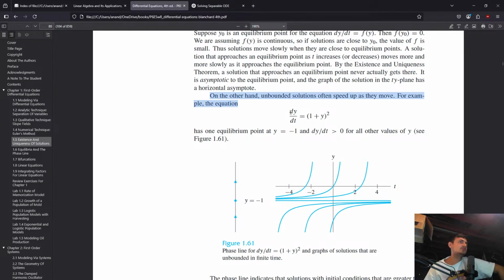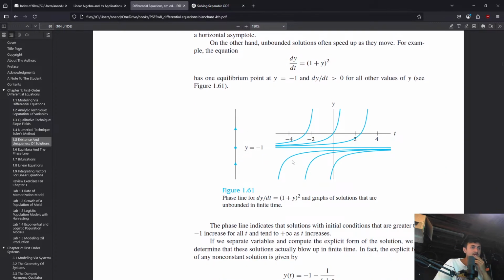For example, dy/dt is equal to 1 plus y squared. It has one equilibrium point, and it's positive for all other values of y.